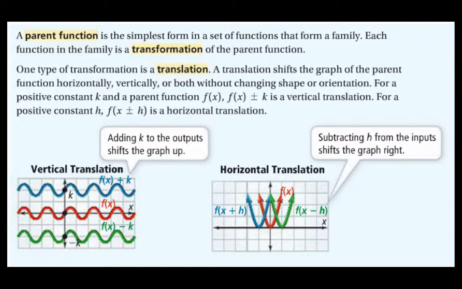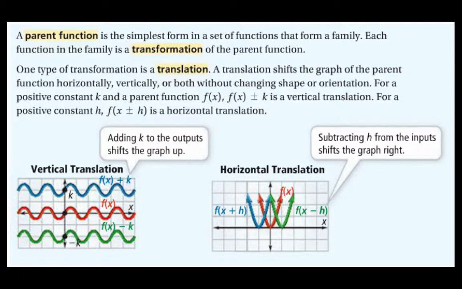One type of transformation is a translation. A translation shifts the graph of the parent function horizontally, vertically, or both, without changing shape or orientation. For a positive constant k and a parent function f of x, f of x plus or minus k is a vertical translation.